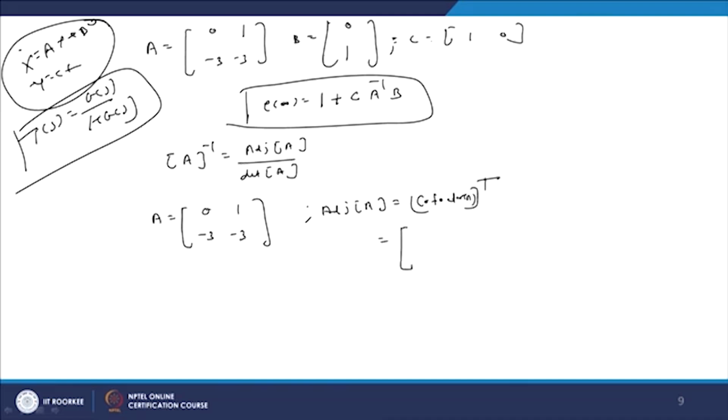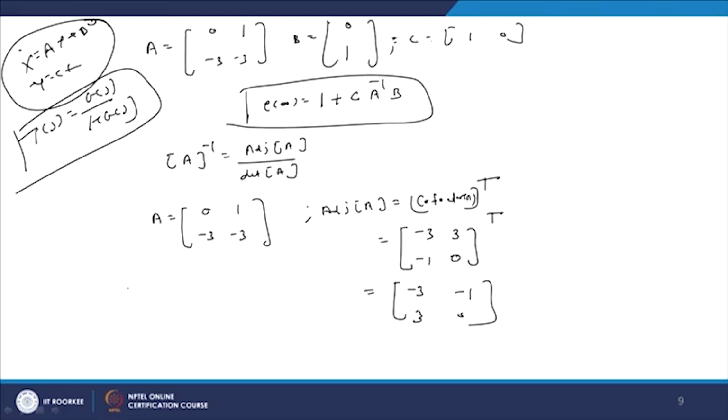So here we will get minus 3 0, here we will get 3, and minus 1, transpose. So we will get minus 3 minus 1 3 0, and then the determinant of this. If you calculate the determinant of this, the determinant will be plus 3.